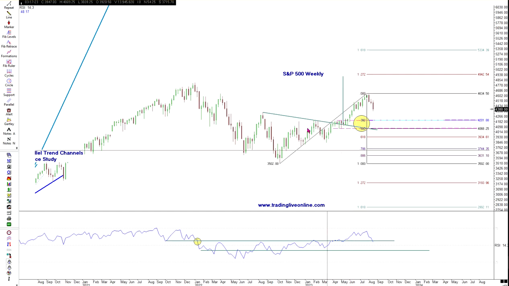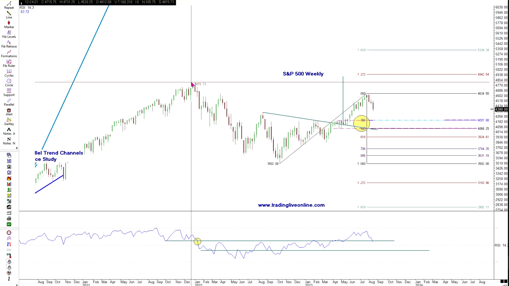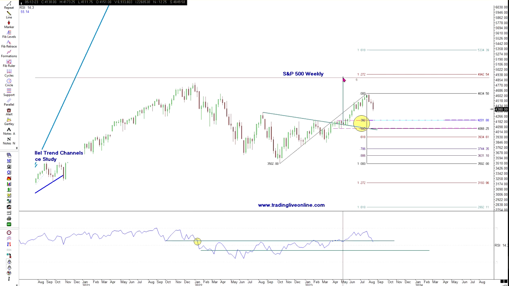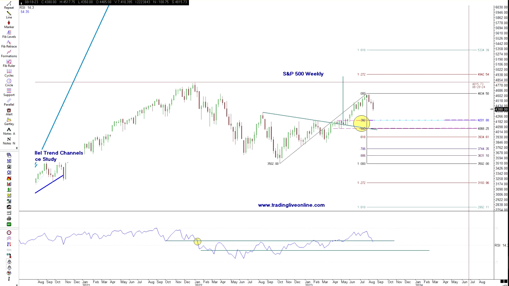Where it would be invalid is if price trades below this low. So we may just see some testing down if the market turns back up and it's able to get above these highs. Of course, these highs back here are important. And the measured move target is just a little bit above that.